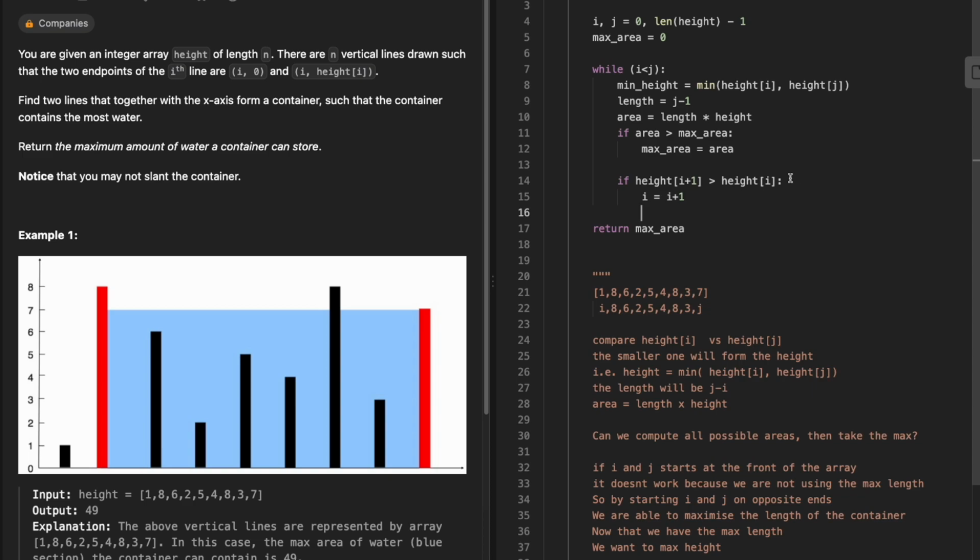Essentially, if height is bigger than height i, we want to increment i plus 1, right? No, we're looking at this in the wrong way. How do we know to increment i or to decrement j?